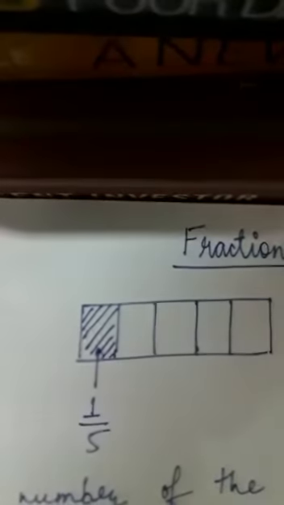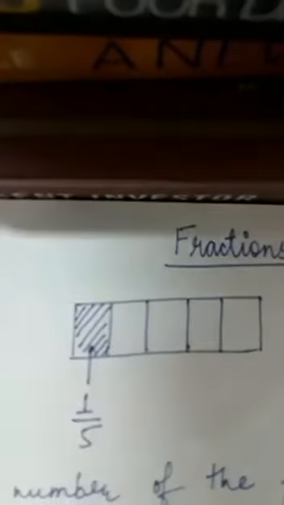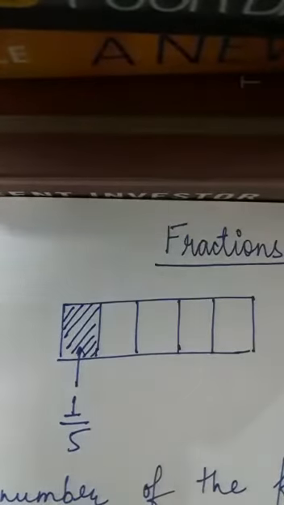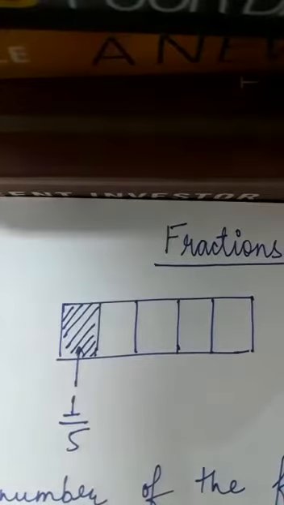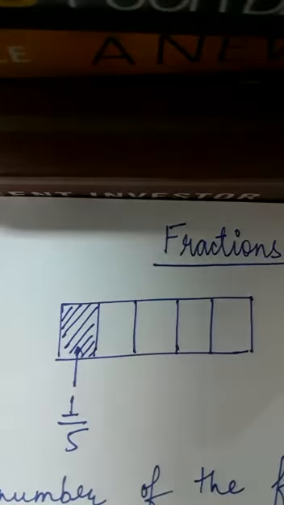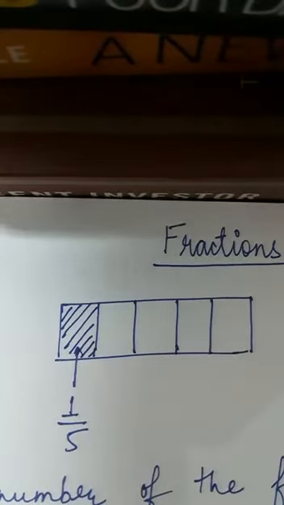Now this chocolate is to be divided into 5 equal parts. As you can see in the diagram, there's a rectangular bar, and if you can imagine this rectangular bar to be a chocolate, I have divided it into 5 equal parts. So each part of this chocolate can be denoted by a number as 1/5.